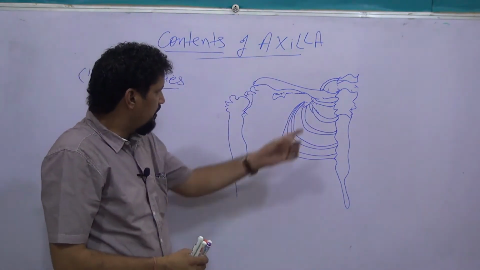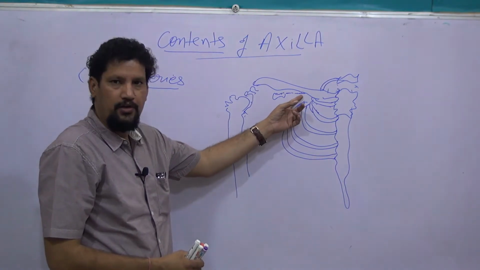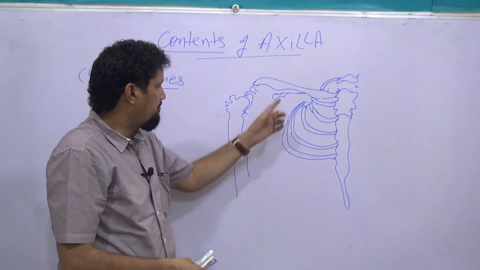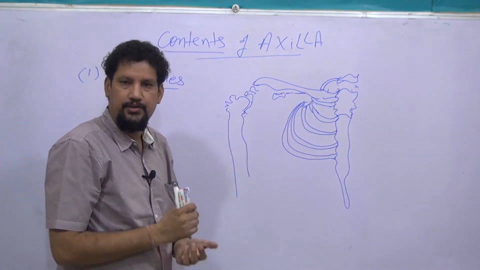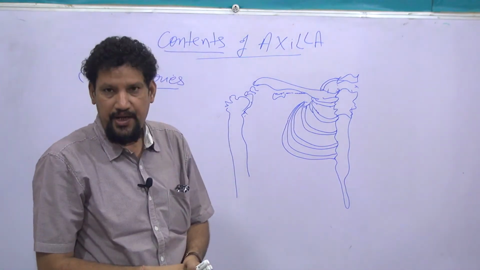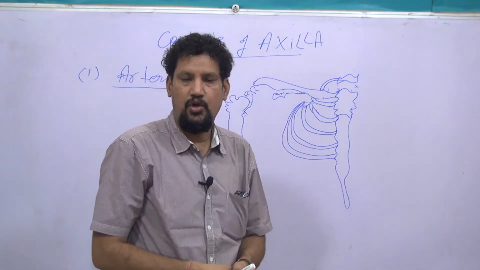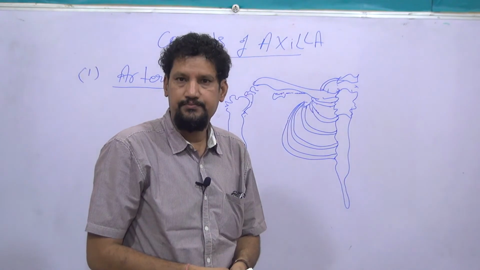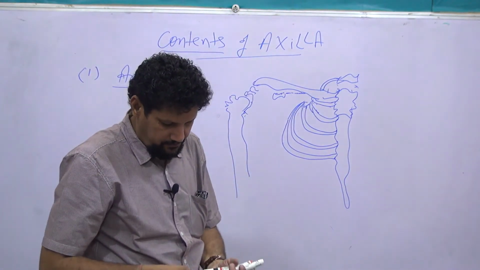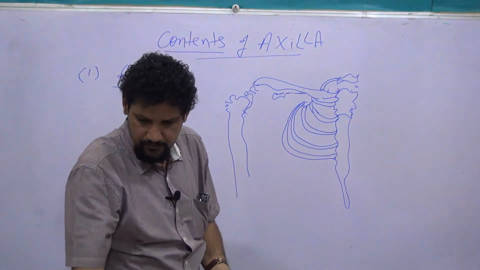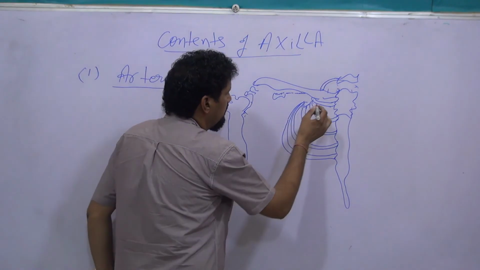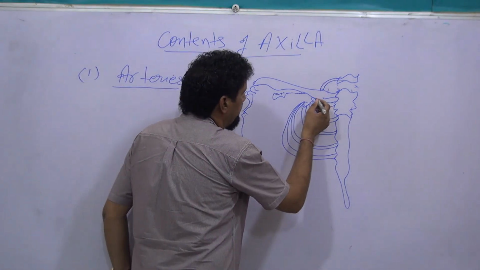Posteriorly, it is bounded by the upper border or superior border of the scapula and part of the coracoid process. So, axillary artery, the main structure of the axilla, this artery is coming from here.